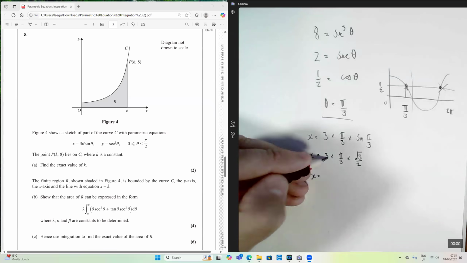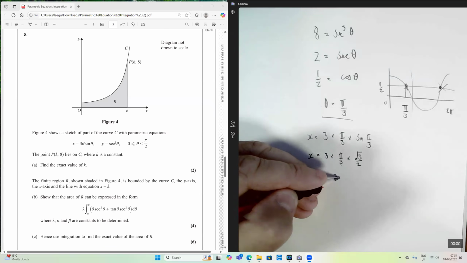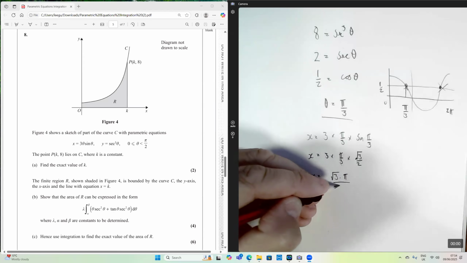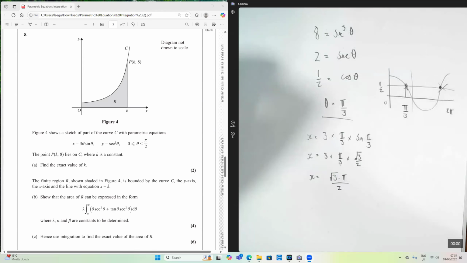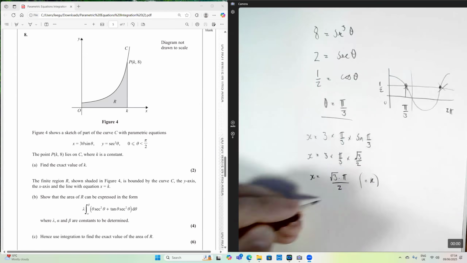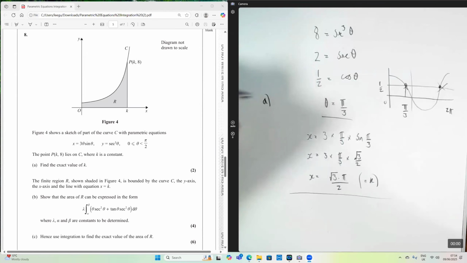The 3s cancel, and we get root 3 times pi all over 2, and that is our k. So that's part A done. We took the y coordinate, cube rooted it, solved for theta, took that value of theta and subbed it into the x equation, and the value of x was our k.